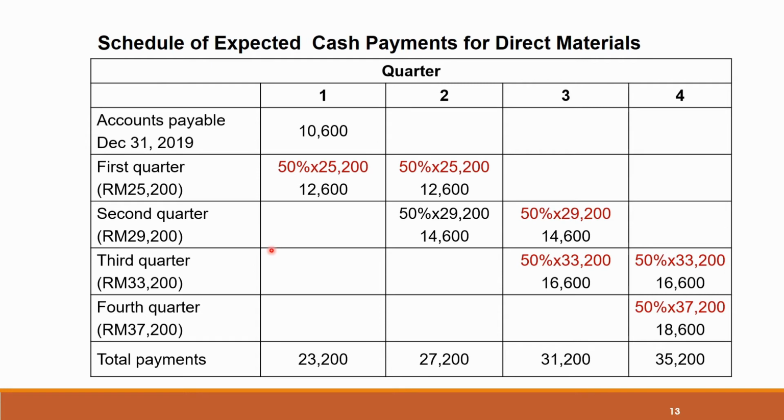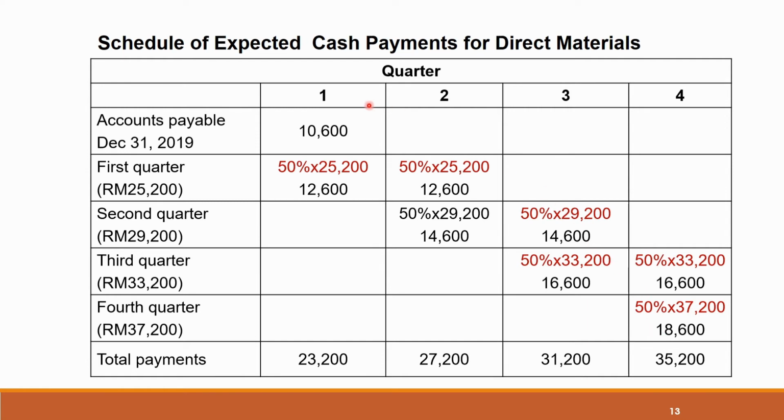This amount represents direct material cost based on the quarter. And the last one, the fourth quarter, the company will pay 50% in the current quarter. So you have to calculate 50% times 37,200 and you get the amount 18,600.